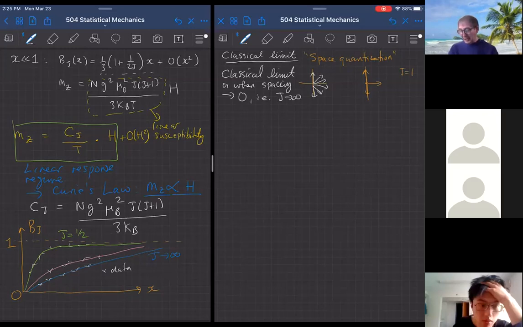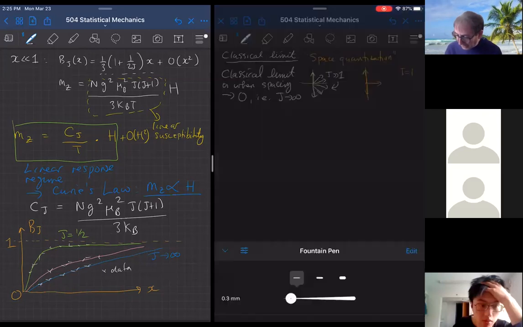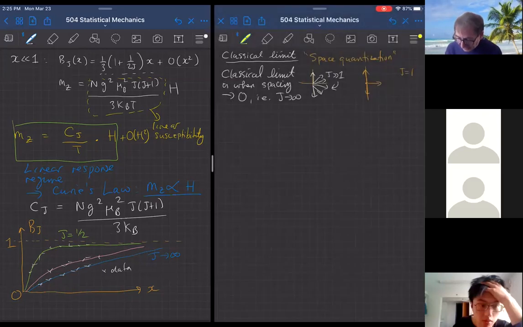So in other words, the spacing between these different quantization states is something that will depend on J. And so as I make J much larger than 1, I get something like I've drawn over here, and so in the limit J goes to infinity, the spacing goes to 0, and there's no quantization of the directions.